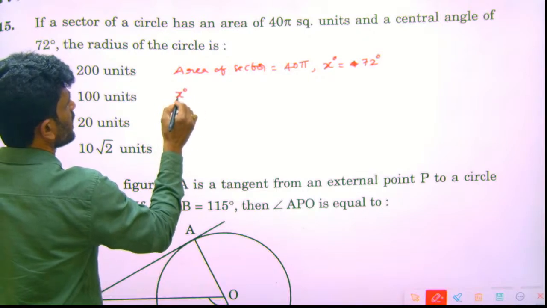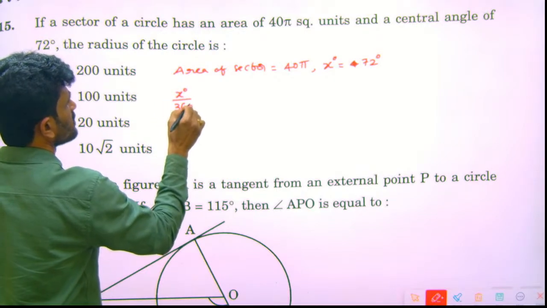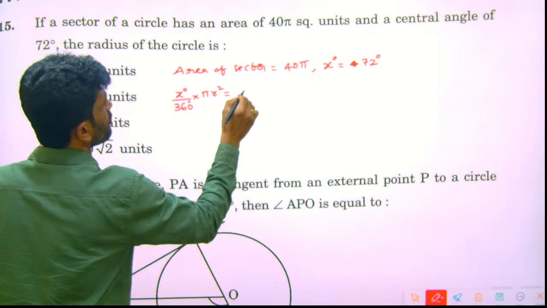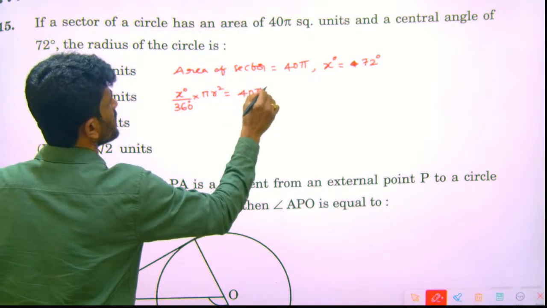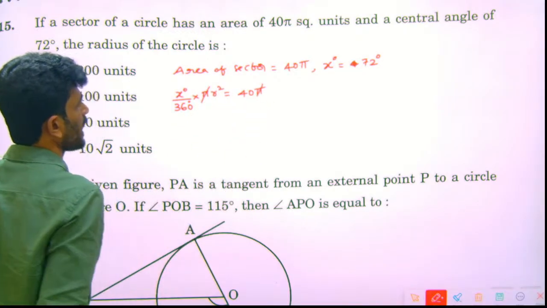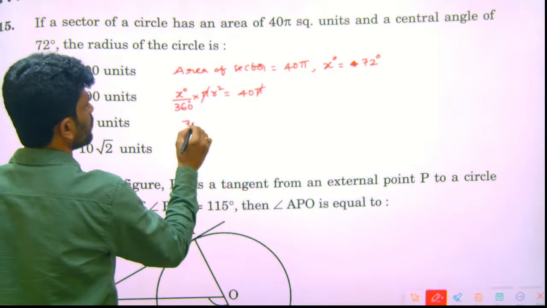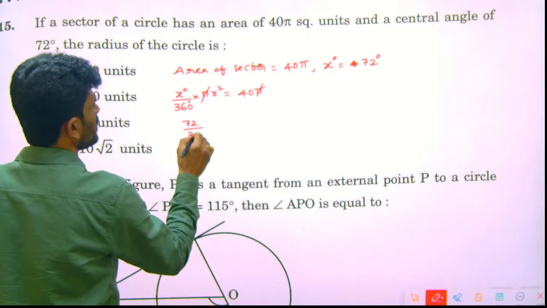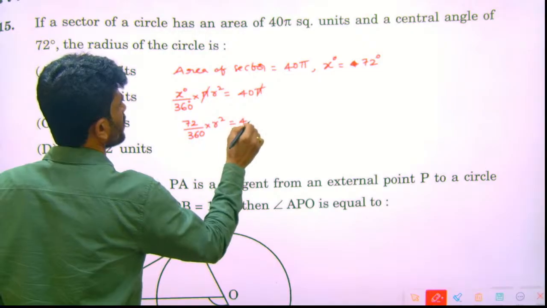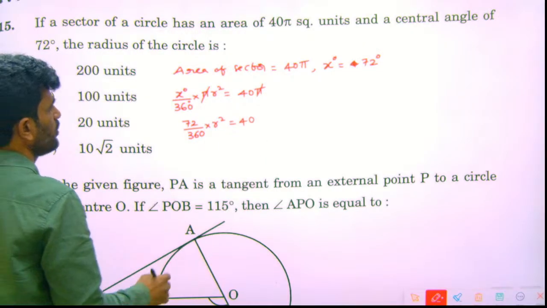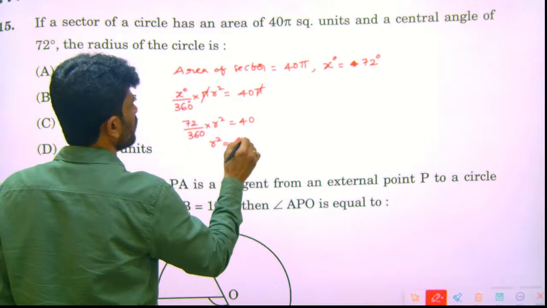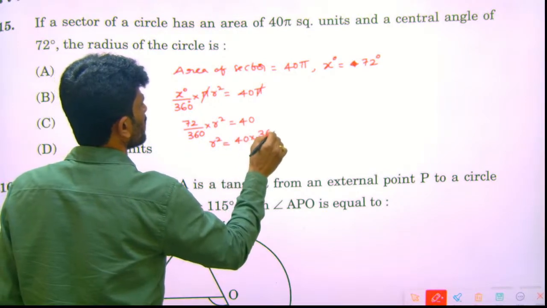X degrees by 360 degrees into pi r square is equal to 40 pi, because they gave area 40 pi. So now pi we can cancel. X is how much? 72. 72 by 360 into r square is equal to 40. Now transpose this 72 by 360 to the other side, r square is equal to 40 into 360 by 72.